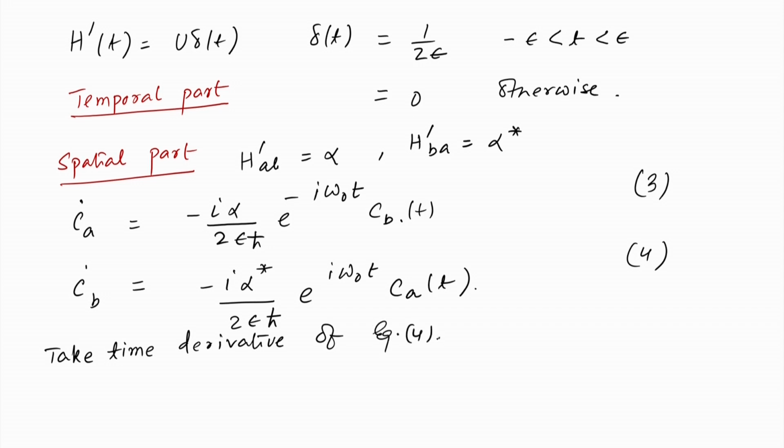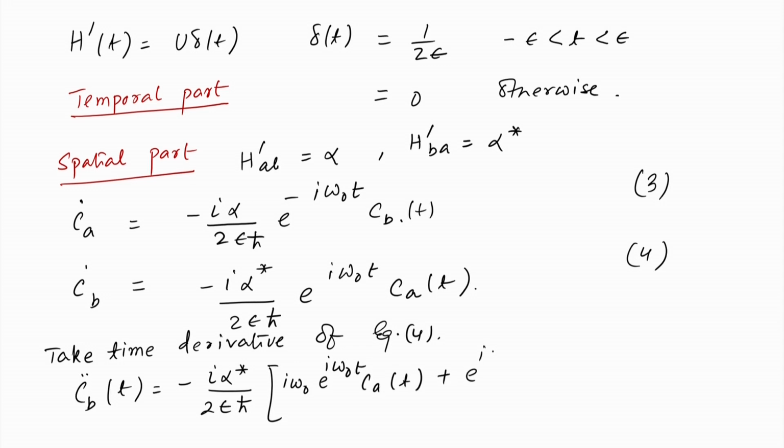So, C_b double dot of t is equal to minus i alpha star by 2 epsilon h cross, and i omega naught exponential i omega naught t C_a of t plus exponential i omega naught t, and then I put back where I have C_a dot.